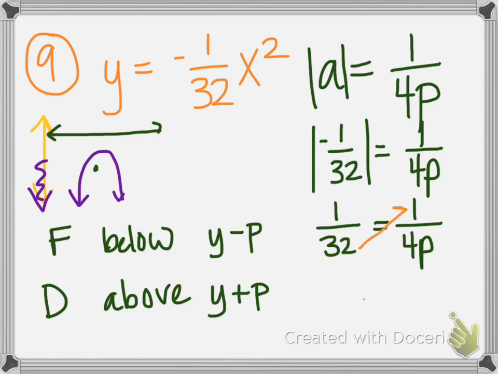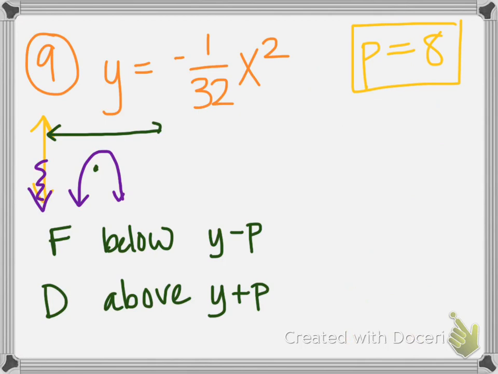We multiply the bottom of one fraction times the top of the other one, and then we multiply in the opposite direction. So I get 32 equals 4P, and if you do some quick division, you'll see that P equals 8. So I know what to use for my P value. That's going to be 8 in both of these problems.